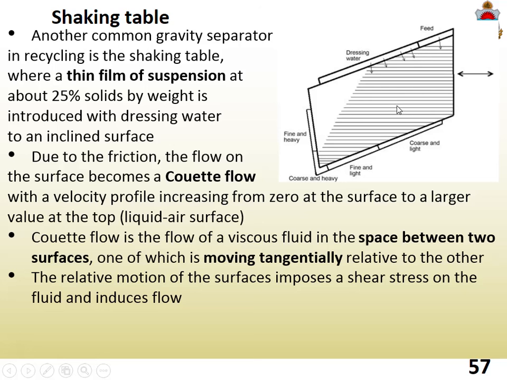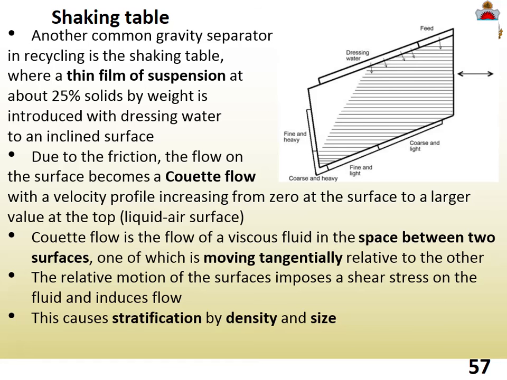But as we move up from the surface of the table, the velocity will increase. And this relative motion of the surfaces imposes a shear stress, because this force being applied is parallel to the surface. This causes stratification by density and size.